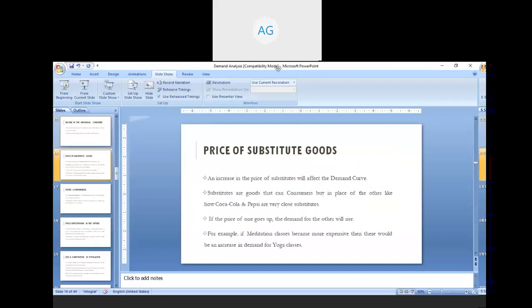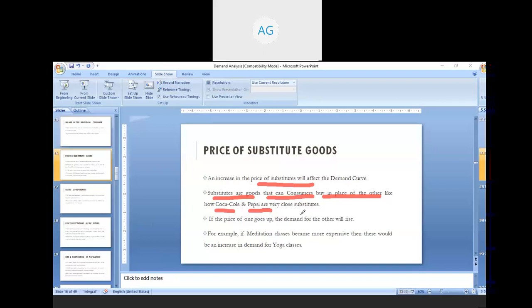The second determinant of demand is price of substitute goods. So an increase in the price of a substitute will affect the demand curve. Basically the substitutes are goods that consumers can buy in place of others, like how Coca-Cola and Pepsi are very close substitutes to each other.